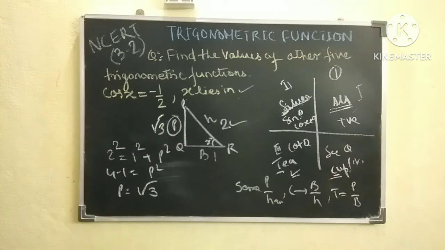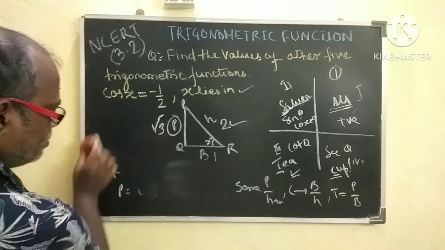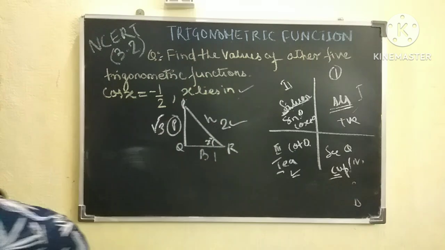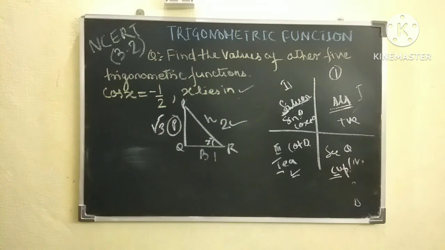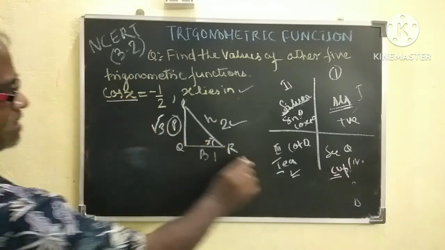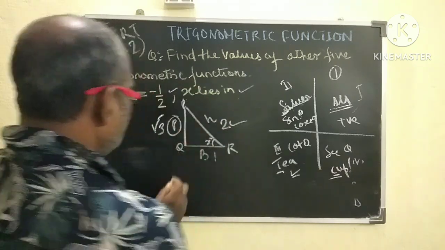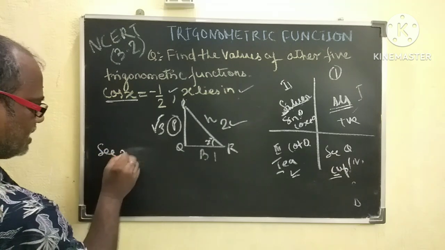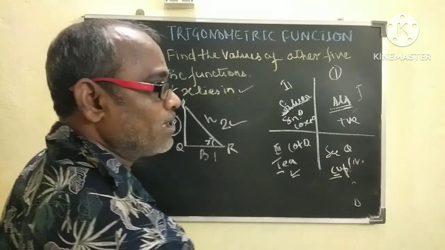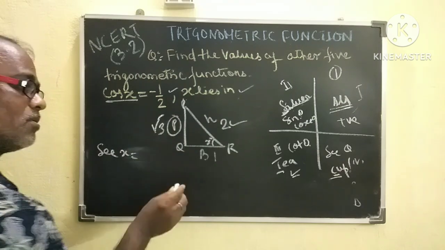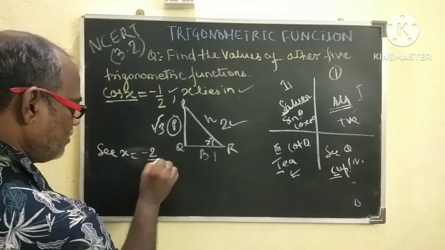Now it has become very easy to write down the different terms. We have cos x equals minus 1/2, since this is in the third quadrant, cos will be negative. Then the reciprocal of cos is secant x, which is also negative in the third quadrant, so it will be minus 2 by 1.